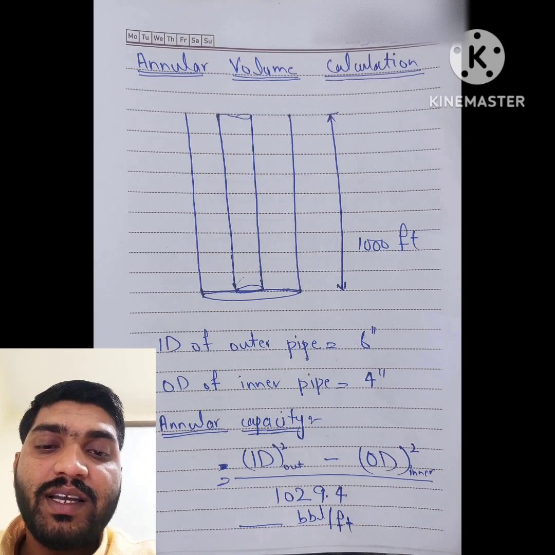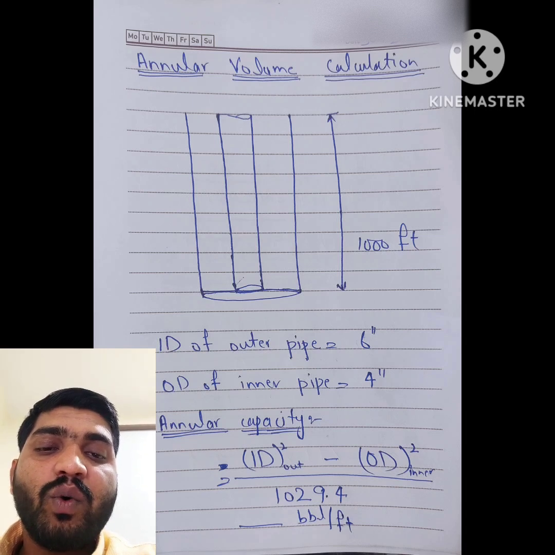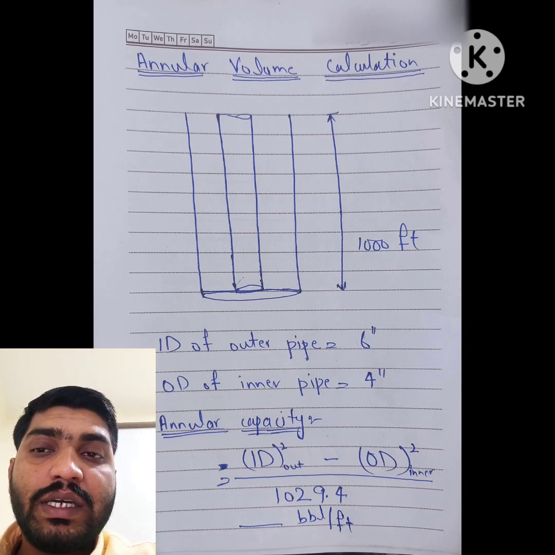The formula of annular capacity is ID square of outer pipe minus OD square of inner pipe divided by 1029.4. Once we put the values in this formula, the answer will be the annular capacity. One point to remember while using this formula is that OD and ID should be in inches. If you have the readings in some other units, first you have to convert them into inches.